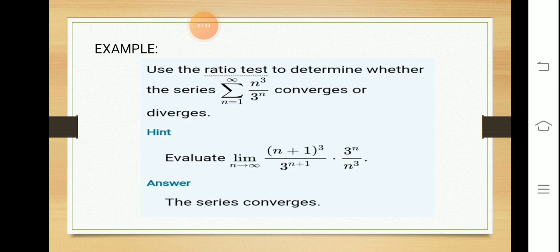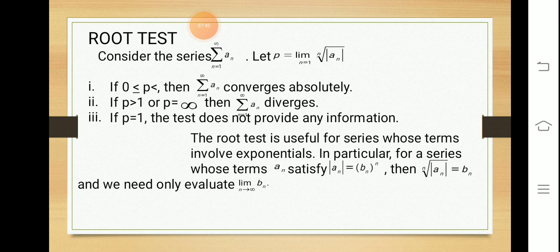So this is an example of the ratio test. Let's proceed to the root test. Consider the series, the summation of n equals 1 to infinity of a sub n.